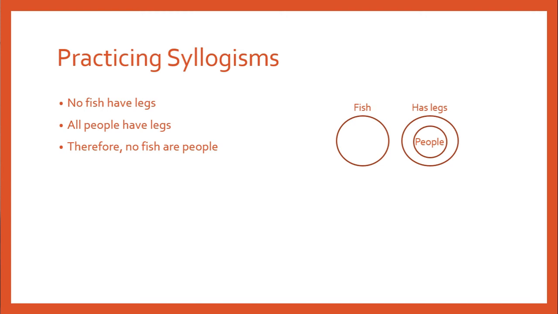And with those two conditions, it is impossible for the fish circle and the people circle to touch in any way. So this makes the syllogism, "no fish have legs, all people have legs, therefore no fish are people," a valid syllogism. There's no way to make the conclusion false with both of the premises being true.